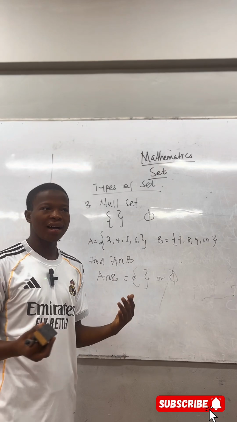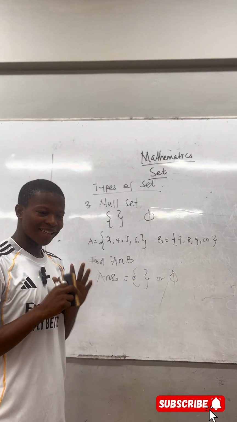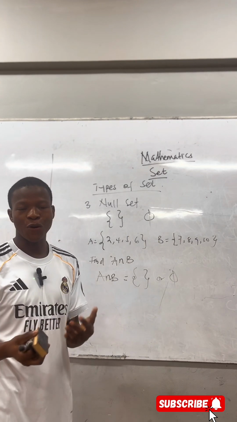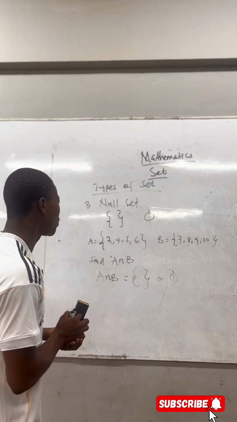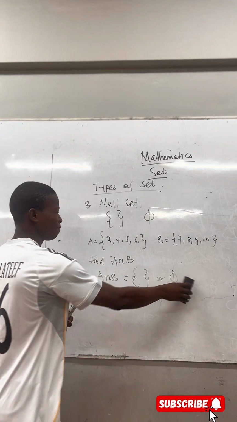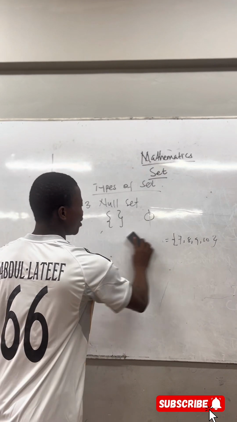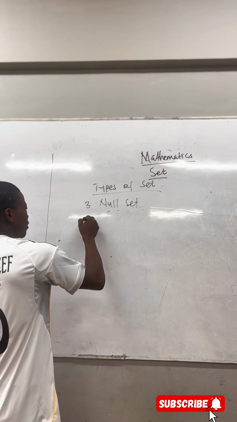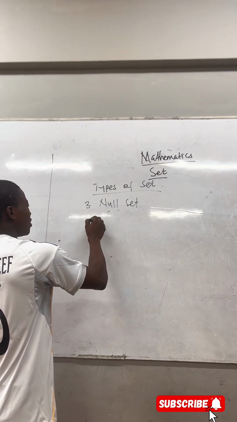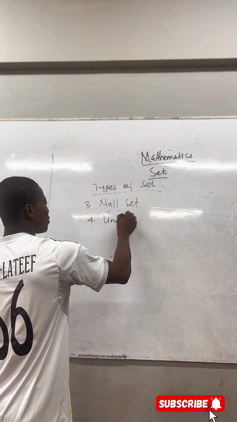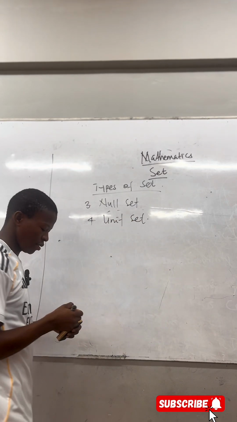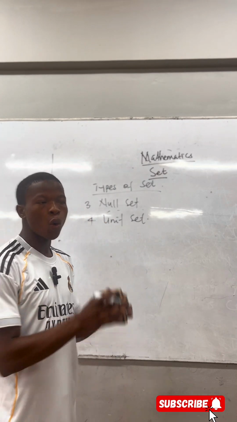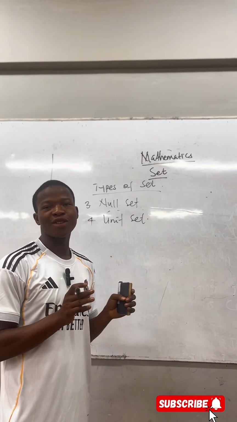So this is how a null set is defined. It has no member, but it cannot be zero. If it is zero, we have another name we call it. So that leads us to what we call a unit set. Our fourth one is the unit set. A unit set is a type of set which has only one member or one element.